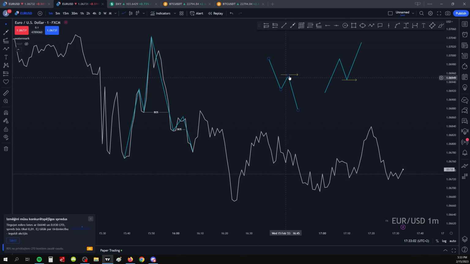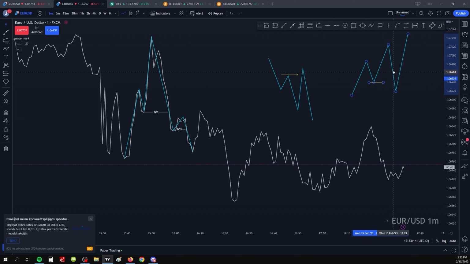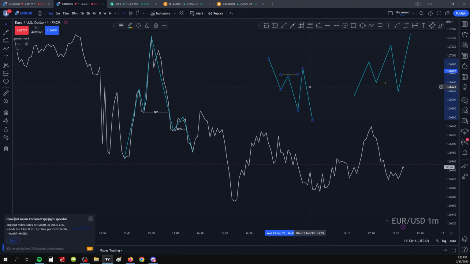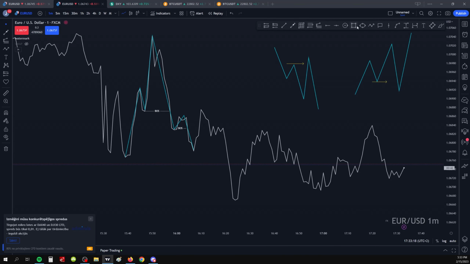If we are bearish, we have to take this side. And we go down. And we go up. And there will most likely be some order block above and below.